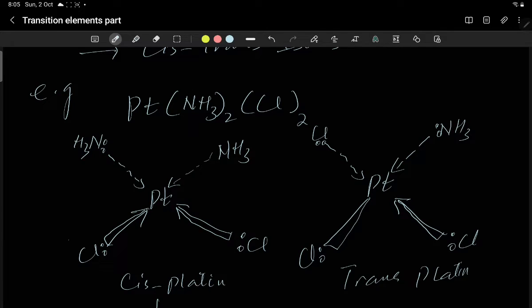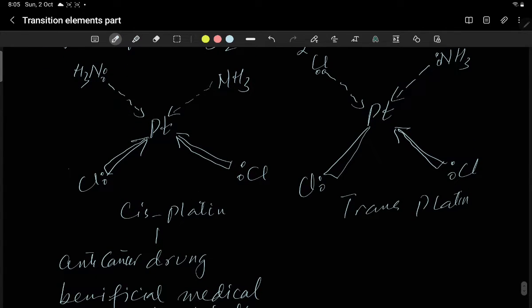This is a common example of square planar complex with two pairs of ligand. One is the anti-cancer drug cisplatin and the other is transplatin, which cannot be used in cancer treatment.